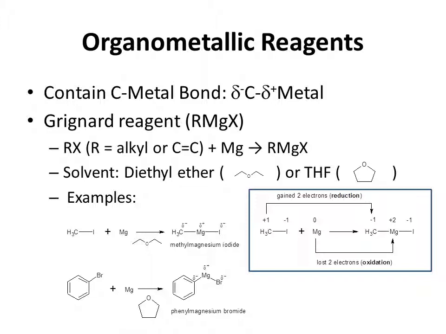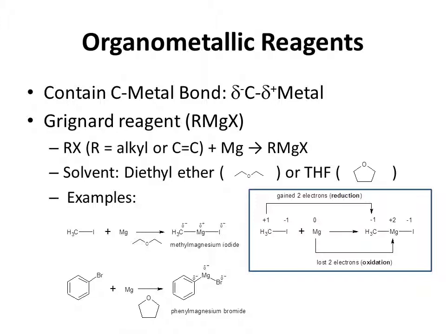X is either chlorine, bromine, or iodine, and you react that with magnesium metal, not magnesium cation, actual shiny magnesium metal. You stir that around in the appropriate solvent, which would either be diethyl ether or THF, tetrahydrofuran, and that'll generate the Grignard reagent RMgX.